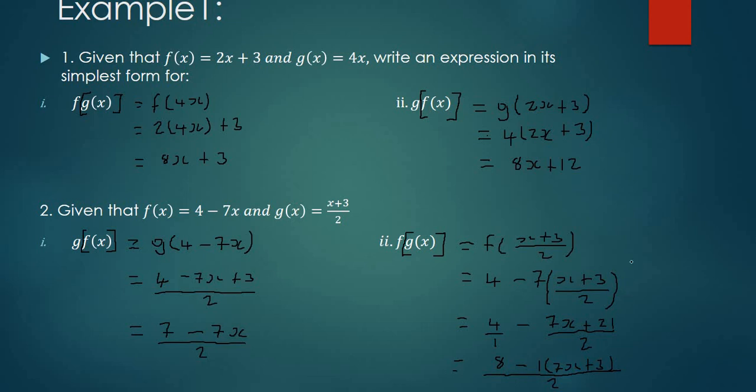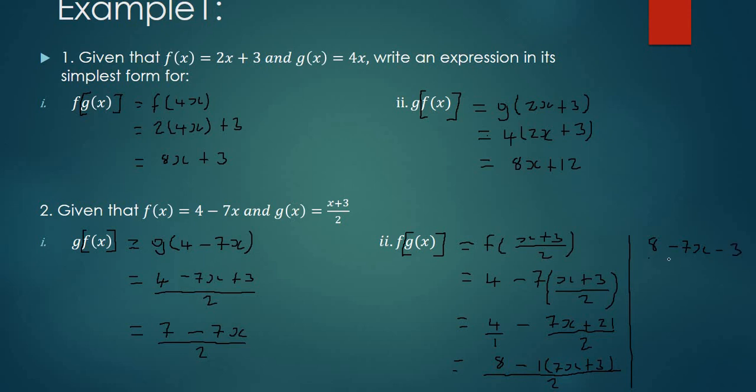So what we're going to have is 8 minus 1 times 7x, that's going to give us minus 7x. And minus 1 times positive 3, that's going to give us a minus 3.